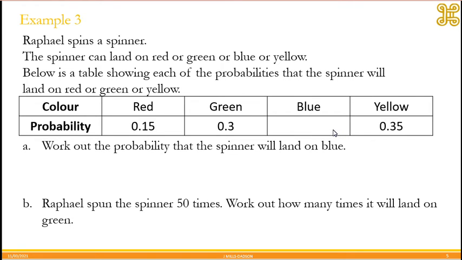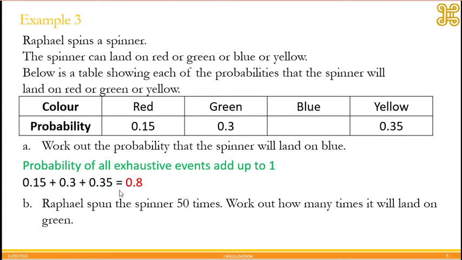So remember the facts that we showed at first. The probability of all exhaustive events should add up to 1. So if you add up everything here, it should add up to 1. So let's work out what we have. That gives us 0.8. Which means that we need a bit more to add up to 1. So we need to just take away 0.8 from 1, and therefore we know blue is 0.2.